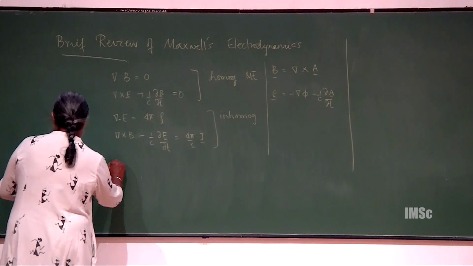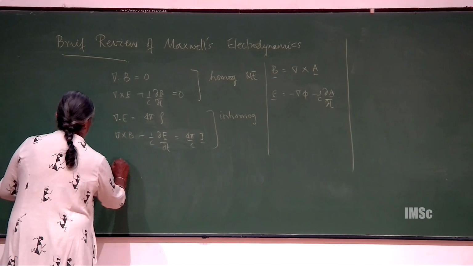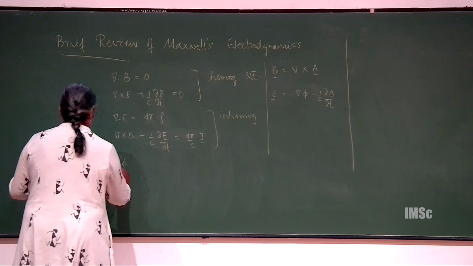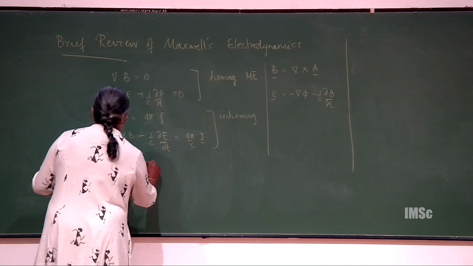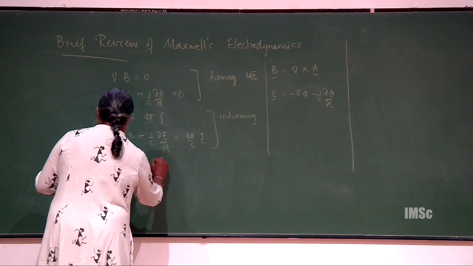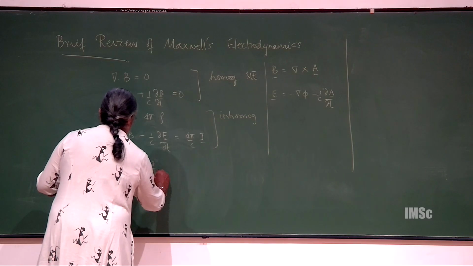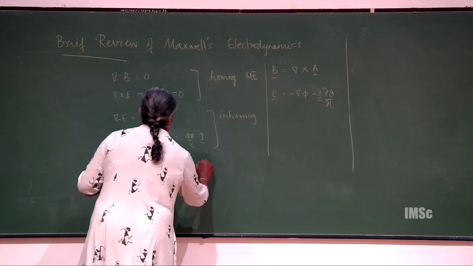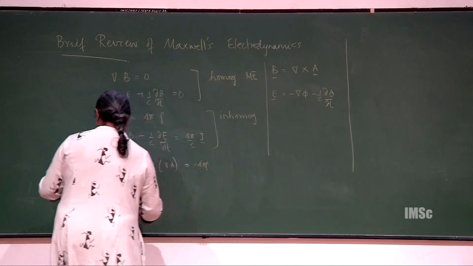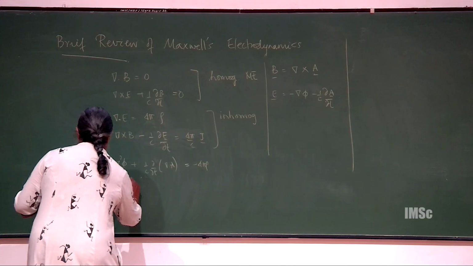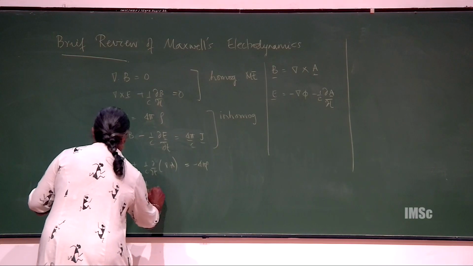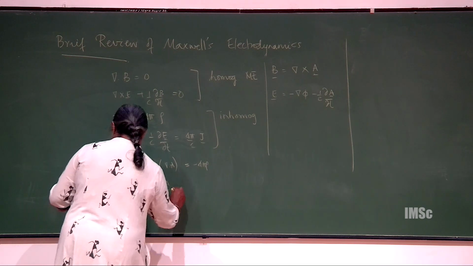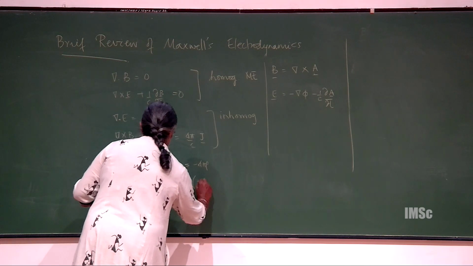So I will get things like minus del squared phi plus 1 by c d by dt of del dot A is equal to minus 4 pi rho, then del squared A minus 1 by c squared d squared by dt squared A minus del.